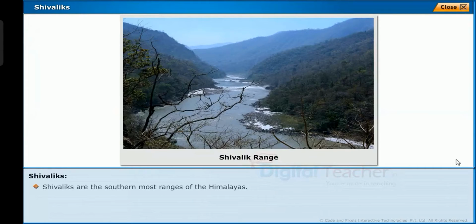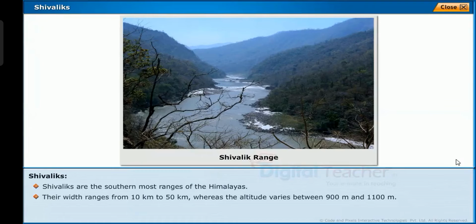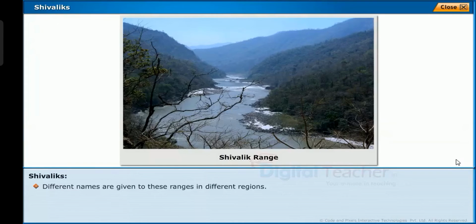Shivaliks. Shivaliks are the southernmost ranges of the Himalayas. Their width ranges from 10 kilometers to 50 kilometers, whereas the altitude varies between 900 meters and 1,100 meters. Different names are given to these ranges in different regions.